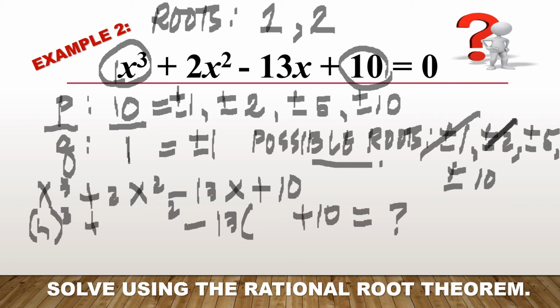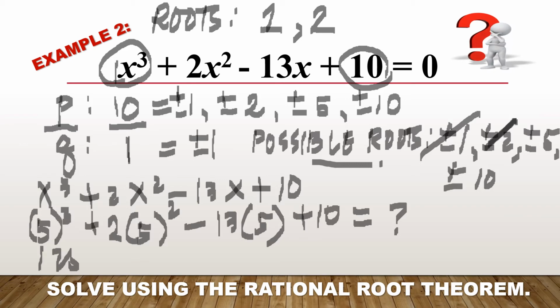Replace x with 5. 5 cubed plus, let me copy 2, and then 5 squared minus 13 times 5 in close parentheses plus 10. 5 cubed is 125 plus 5 times 5, 25 times 2, that's 50. Minus 13 times 5, 65. Am I correct? It should be 65 here.